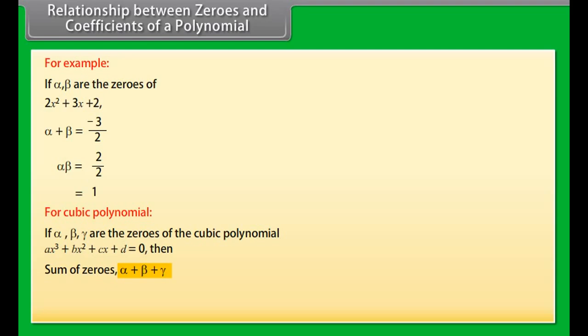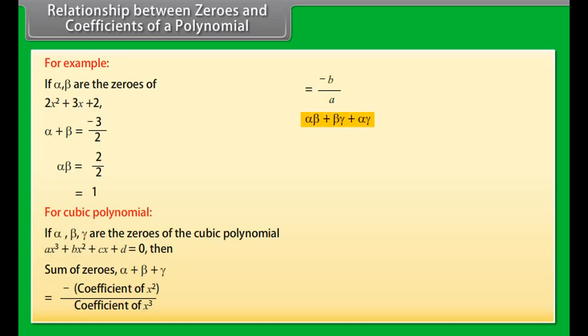For example, if alpha, beta are the zeros of 2x² + 3x + 2, then alpha + beta is equal to −3/2, and alpha beta is equal to 2/2, which equals 1.